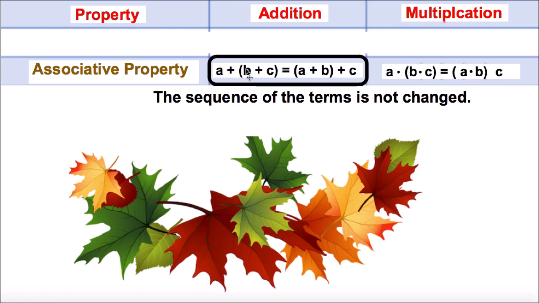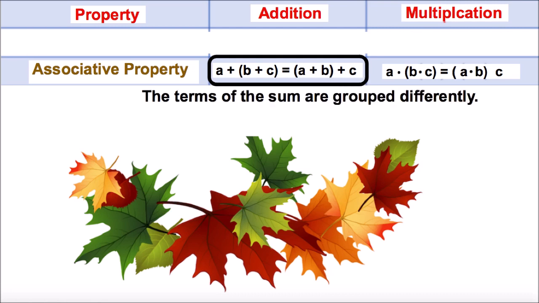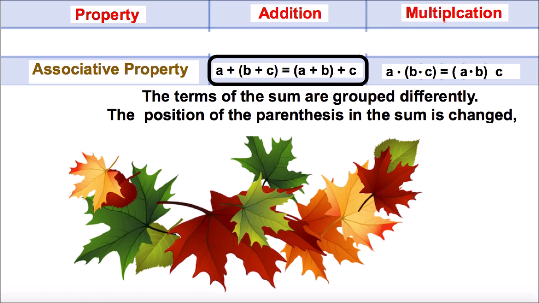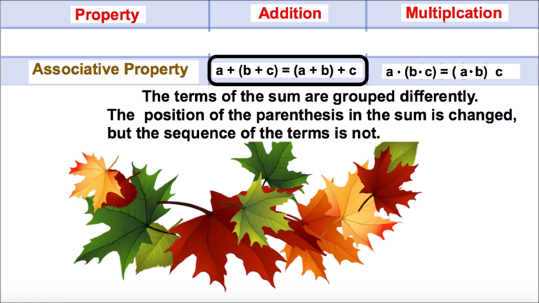So we have A plus the quantity B plus C equal to the quantity A plus B, plus C. In this case, the terms of the sum are grouped differently, and the position of the parentheses is also changed. The sequence of terms is not.